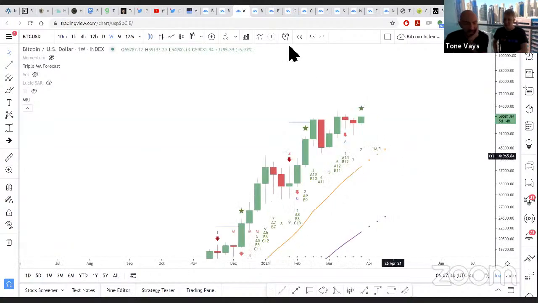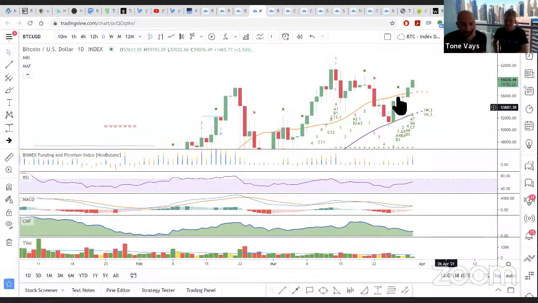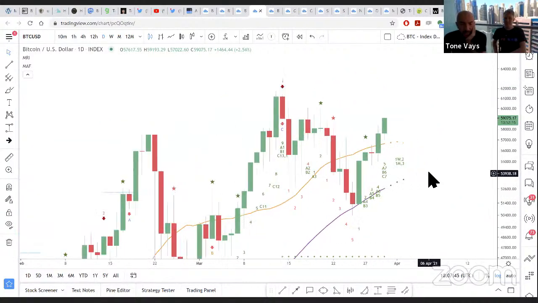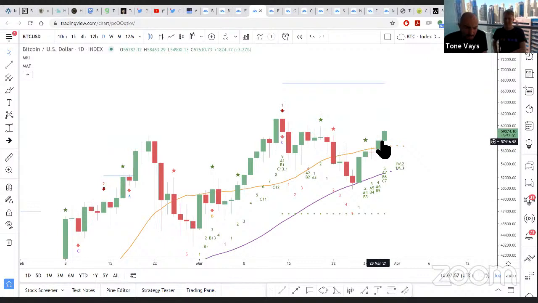Ooh, 59K. Beautiful. As I said yesterday, I was becoming very bullish. I am 100% allocated into GBTC. I am back to being a full-on bull. Once I was convinced that the daily chart yesterday was closing above the moving average, I had confidence that Bitcoin is going to go higher.